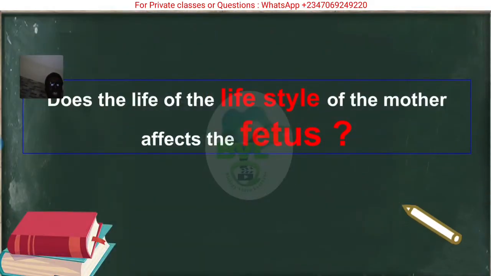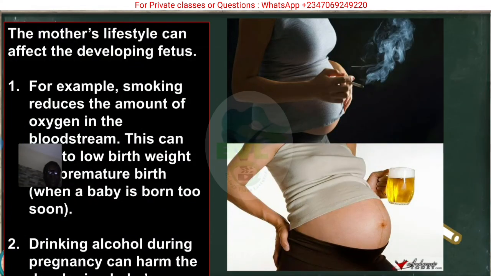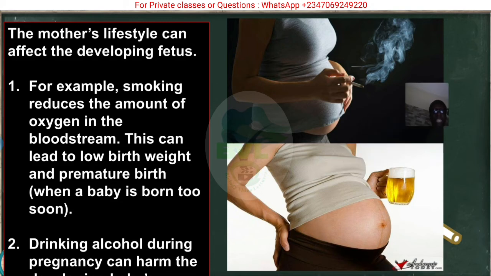Now it says here, does the lifestyle of the mother affect the fetus? A resounding yes. So if the mother happens to smoke during pregnancy, then it will reduce the amount of oxygen that is going to be available to the child.